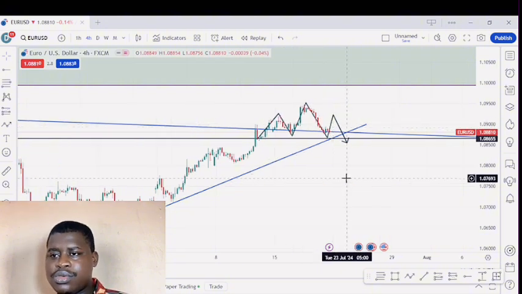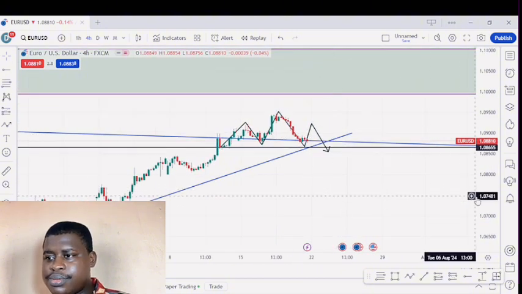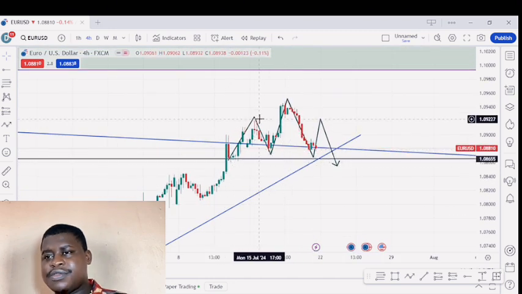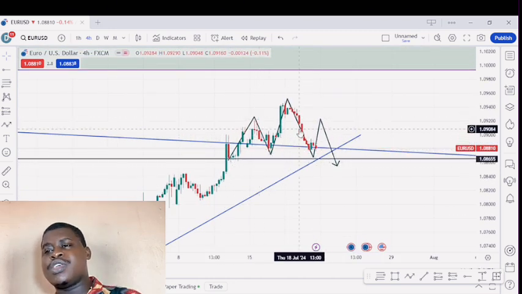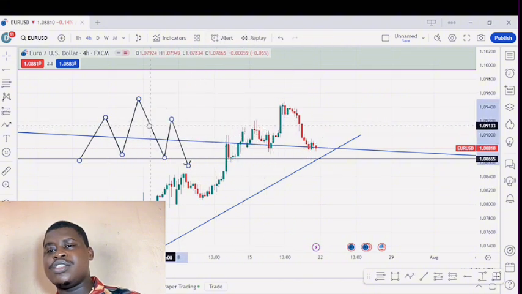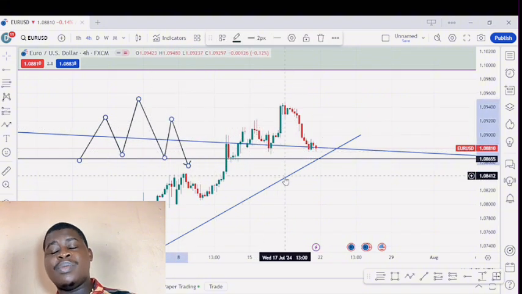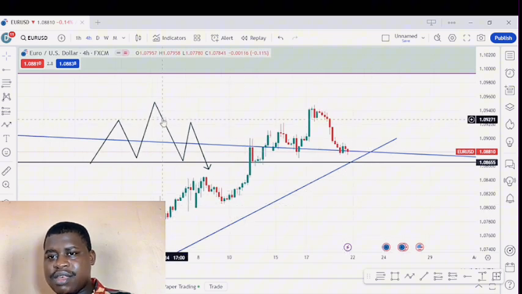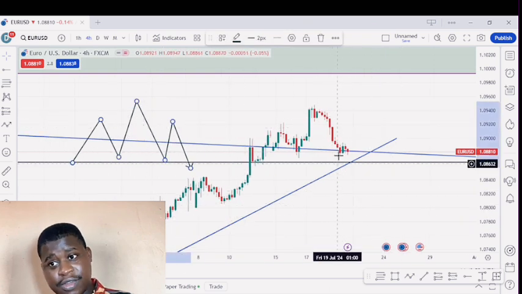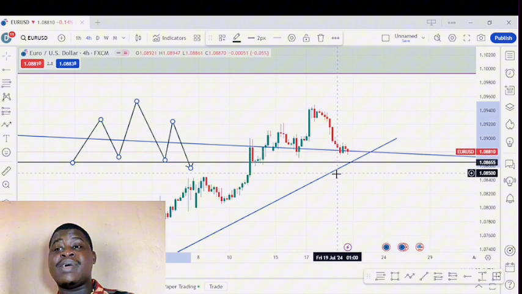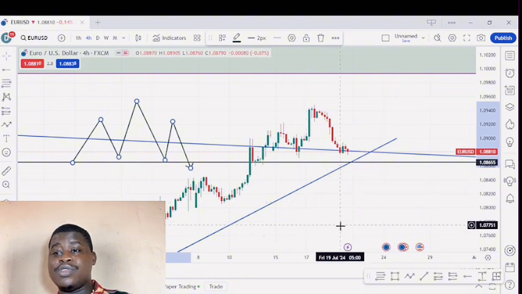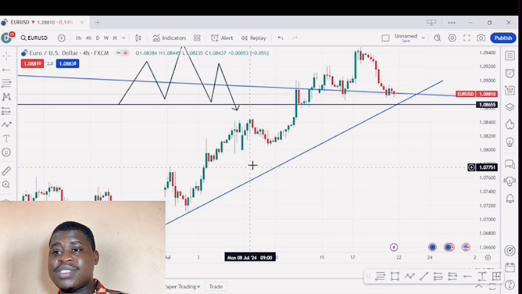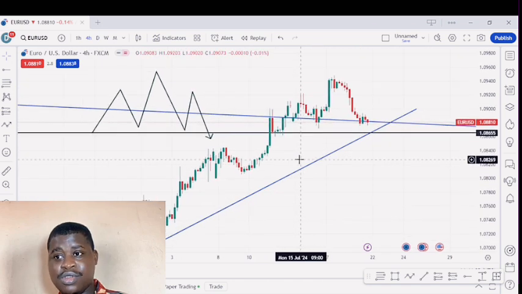So now what I'm looking at is this head and shoulder, which may probably play out on a 4 hour time frame. This is what I'm seeing on the 4 hour time frame, and I can't decide what the market wants to do. Anything can happen. It has been an uptrend for 3 weeks now.